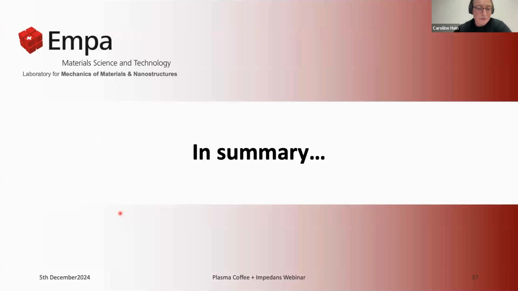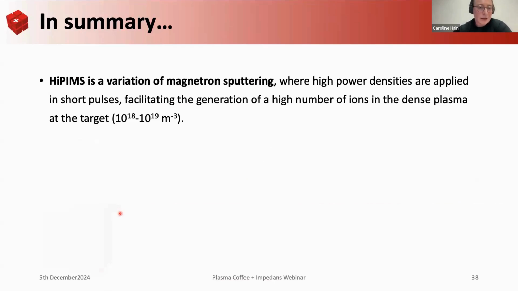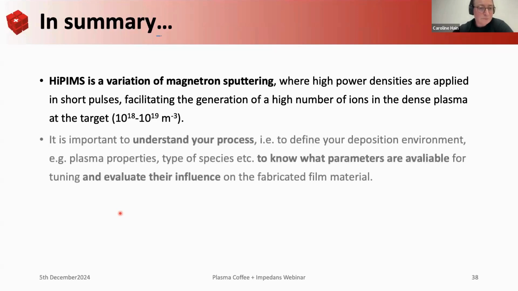To summarize briefly, HiPIMS is a type of magnetron sputtering process. We can reach high plasma densities, and with that a high ionized flux fraction, which we can then control since it has a charge. So we have these various knobs that we can tune for our deposition process.